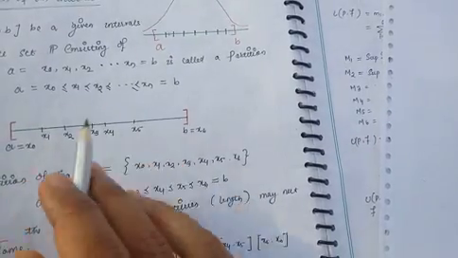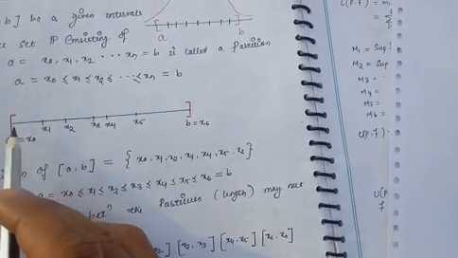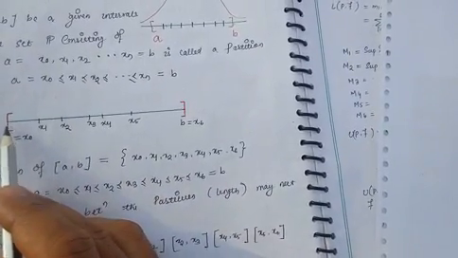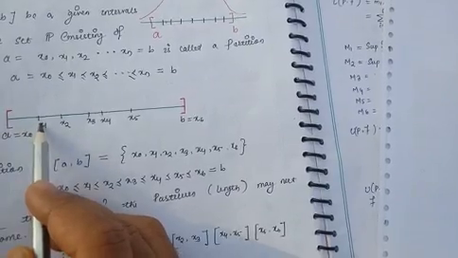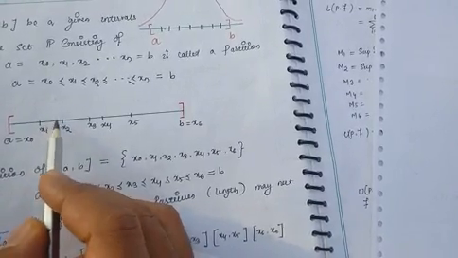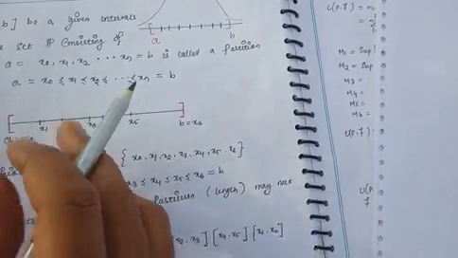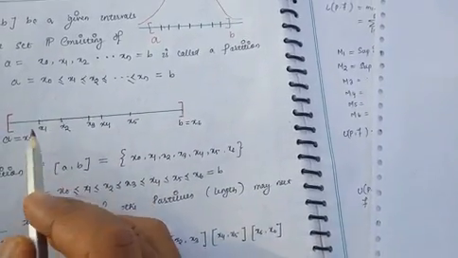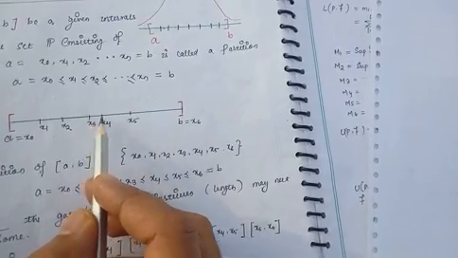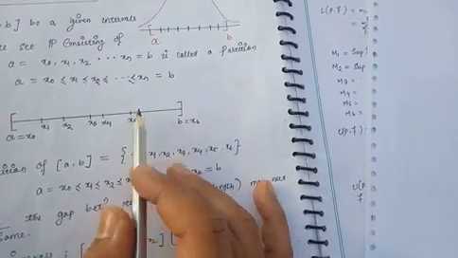The length of the partition from x0 to x1 may not be the same as every other partition. This one may be a little longer compared to that one. So the partitions vary at different stages.